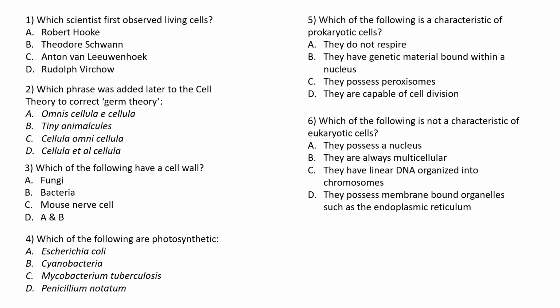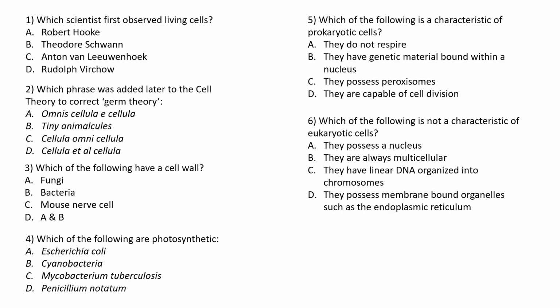Whereas eukaryotic cells, they have a nucleus. They are not actually necessarily always multicellular. Actually, wait, hold on a second. It's not a characteristic, is my bad. Sorry. The right answer is B, guys. I'm so sorry. I thought I had written no, they are not always multicellular.